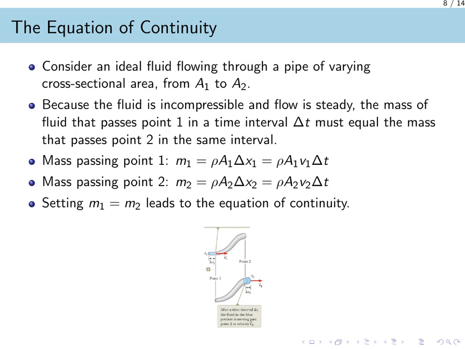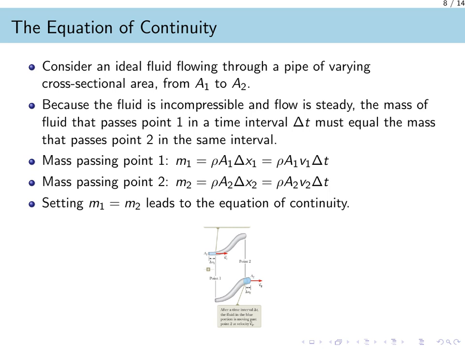In a small time interval, which we call delta t, a certain mass of fluid, m1, passes through the first area, A1. This mass is equal to the density times the volume that flows past. The volume is the area, A1, multiplied by the distance the fluid travels, which is its speed, v1, times the time interval. So, m1 equals rho times A1 times v1 times delta t.